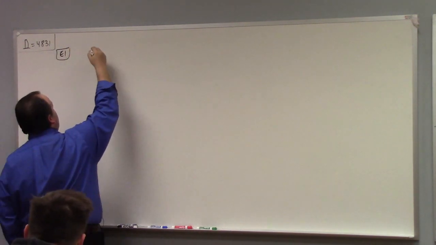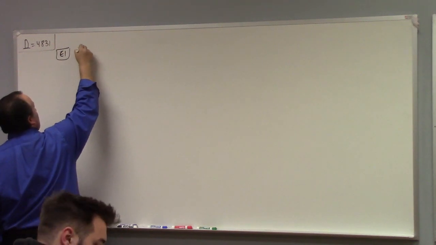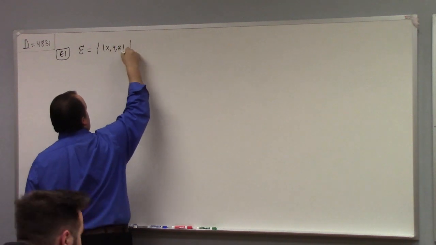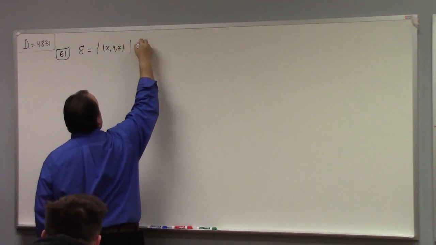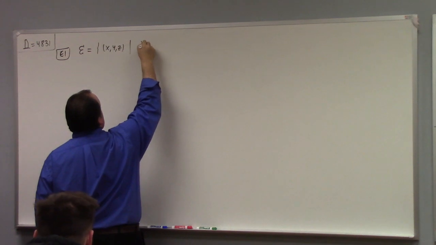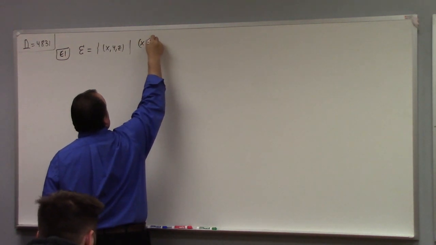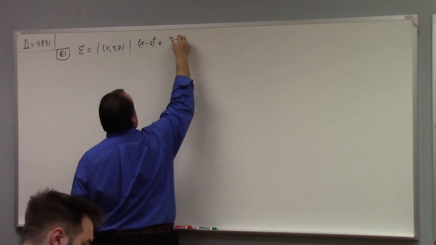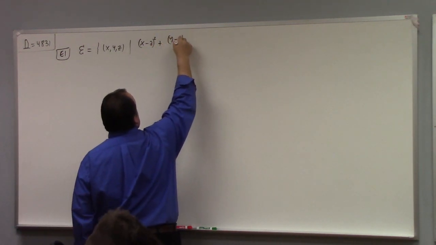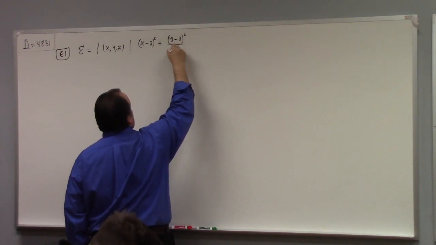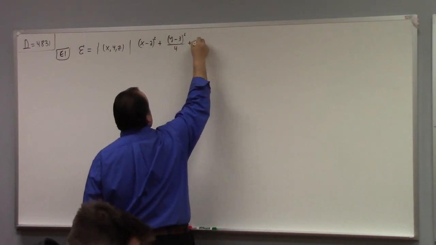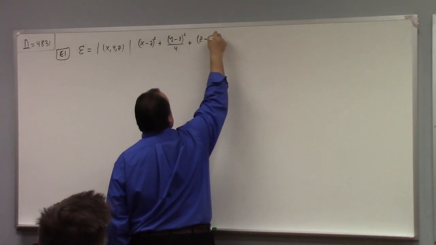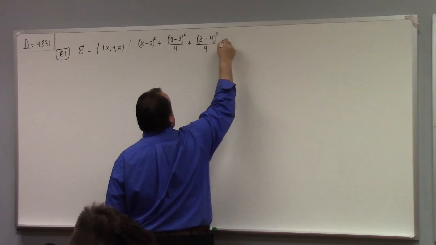So here's an example. Here's going to be a volume, I'll call it E, and it will be x, y, z such that (x minus 2) squared plus (y minus 3) squared over 4 plus (z minus 4) squared over 9 is less than or equal to 1.